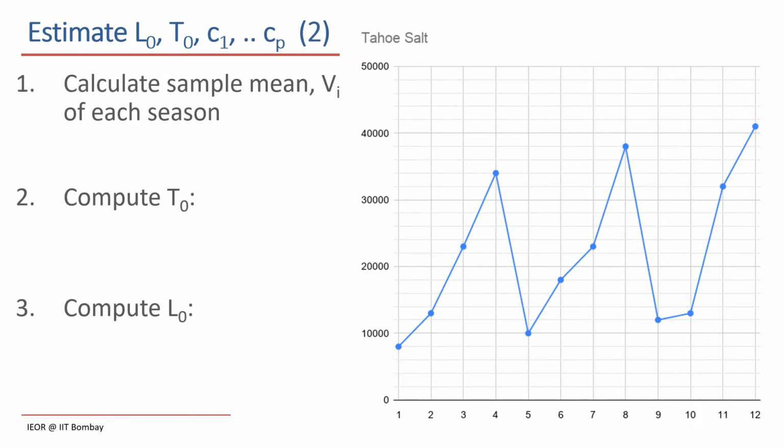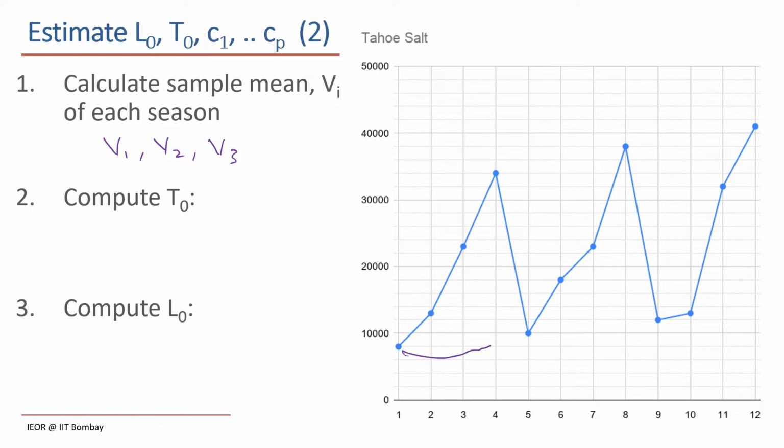Having done that, we next go into a multiple step process to estimate L0, T0 and C1 to Cp. The first step is to calculate the sample mean V_i for each season. In this example, we want to compute V1, V2 and V3, because we have 3 seasons: season 1, season 2 and season 3.